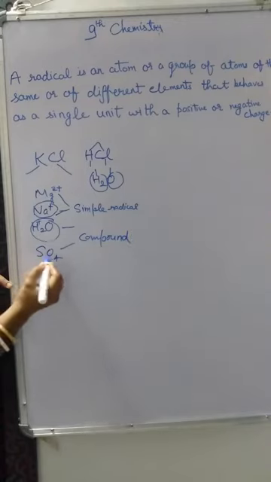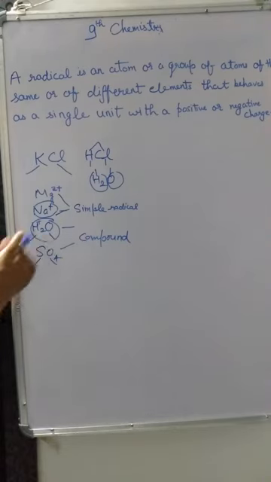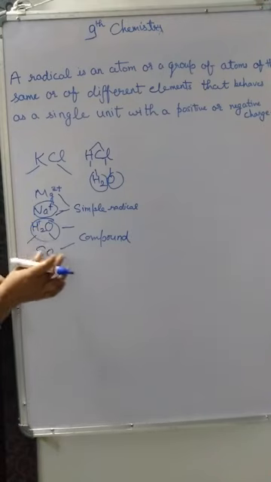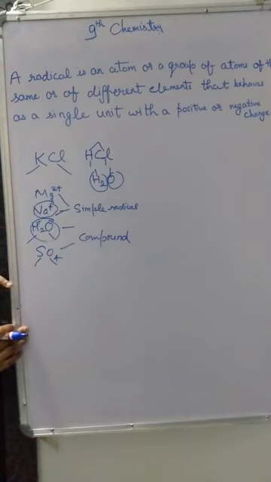Two different types of atoms are combining with each other: one sulfur atom and four oxygen atoms, two hydrogen atoms and one oxygen atom. So when two different types of atoms are combining together, they form compound radical. And when only a single atom is there, then it is called simple radical.